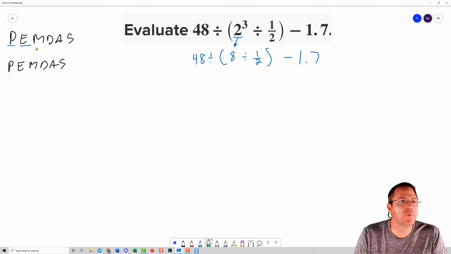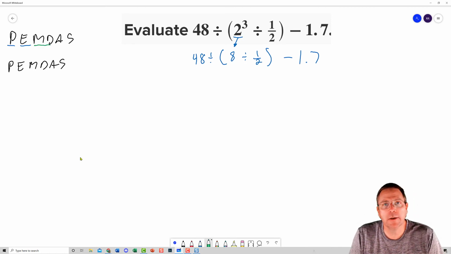Next, inside my parentheses, I've got my My Dear, multiply and divide from left to right, which I do have division in here, so I'm going to rewrite that again. 48 divided by, and then I'm going to keep, change, flip, so that's going to give me 8 over 1 times 2 over 1 minus 1.7, and keep going with that.